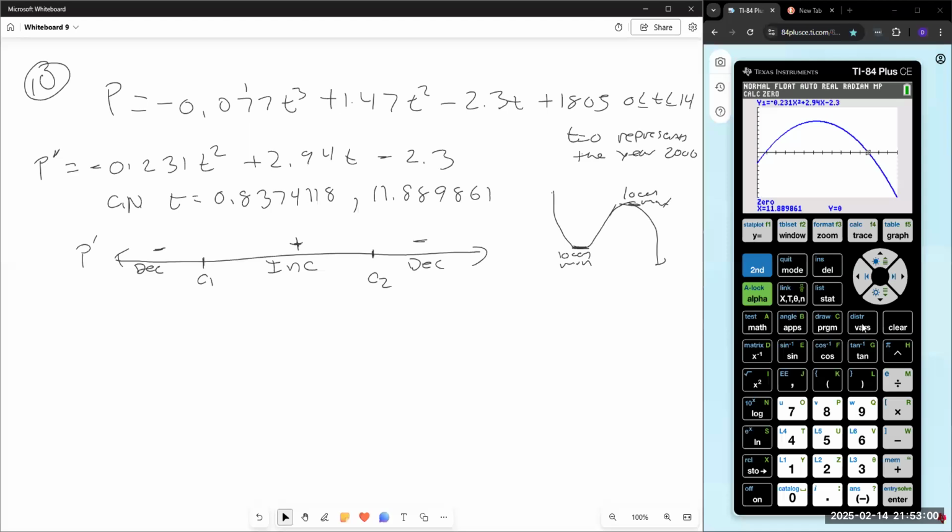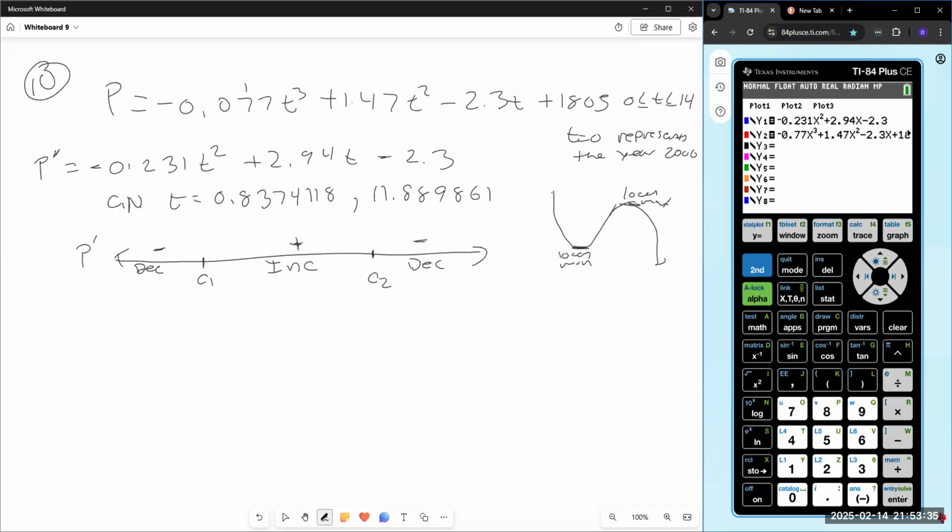Let's tell it to evaluate negative 0.077x cubed plus 1.47x squared minus 2.3x plus 1805. I might be getting ahead of myself. What years is it increasing? When is it decreasing?